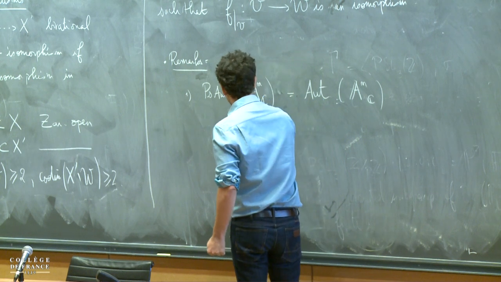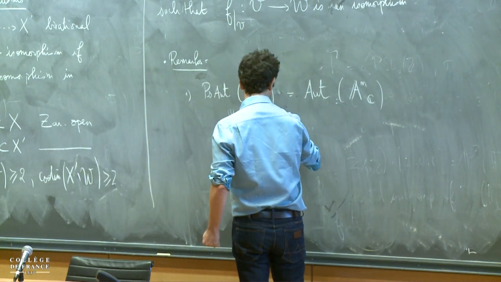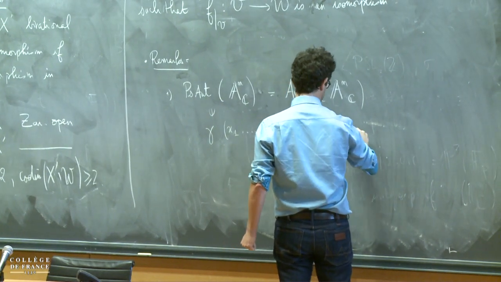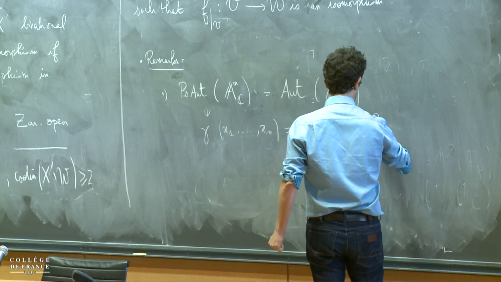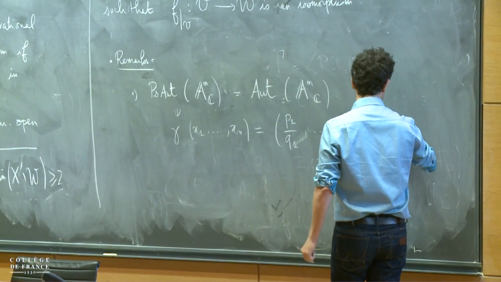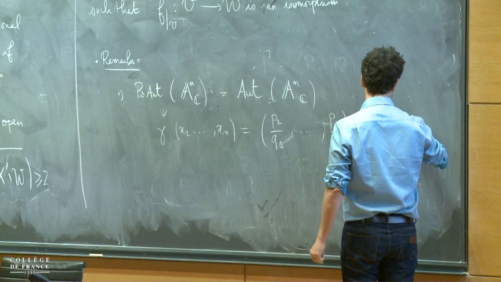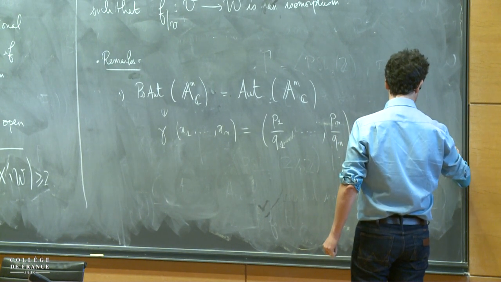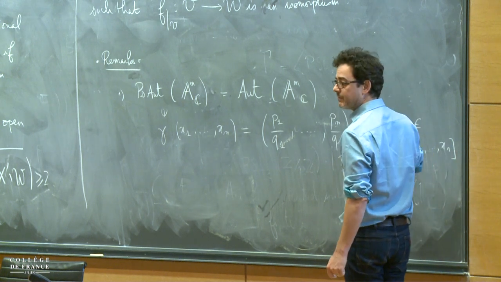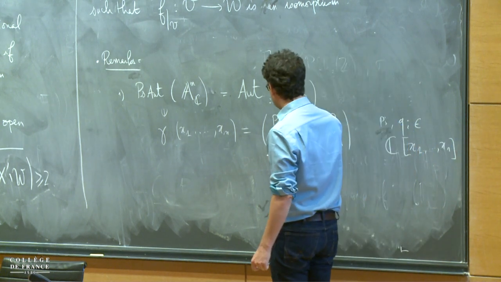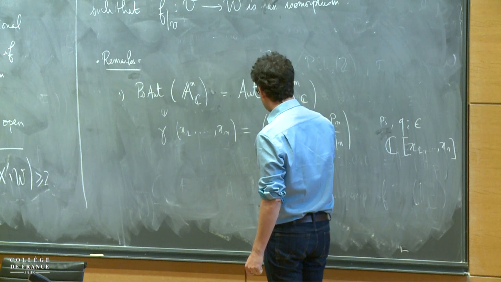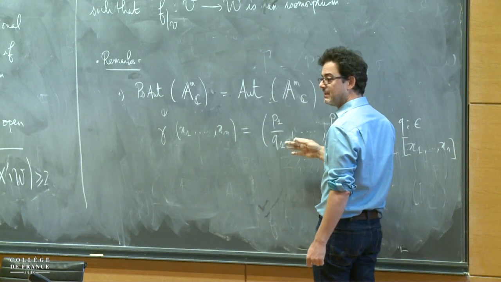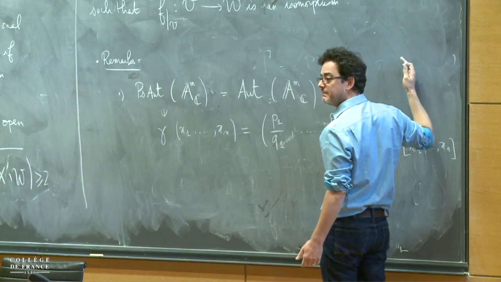it's a birational transformation, so you can write it as a tuple of quotients Pi over Qi, where Pi and Qi are polynomial functions without common factors. If Qi is not constant, then it vanishes along a hypersurface, and this hypersurface is mapped to infinity.